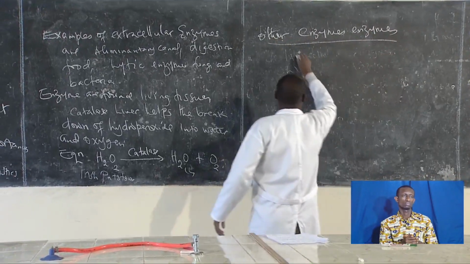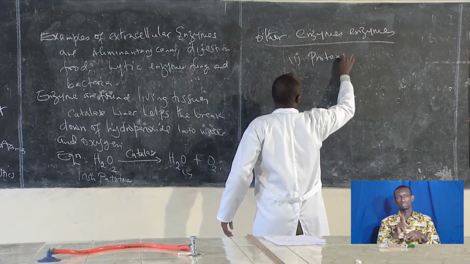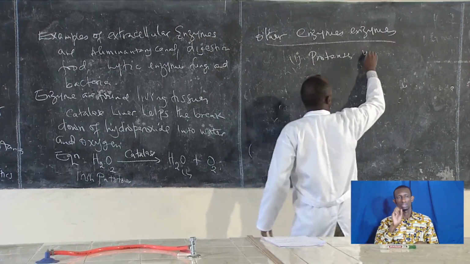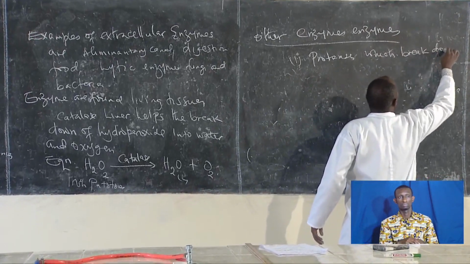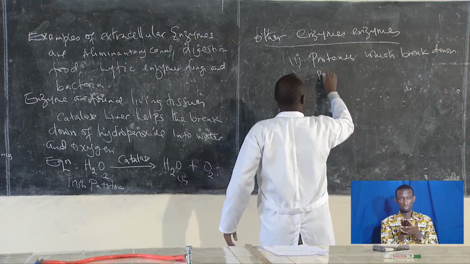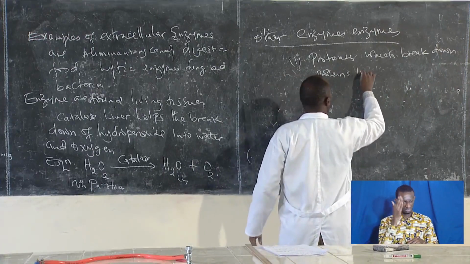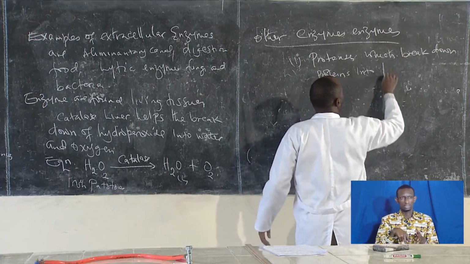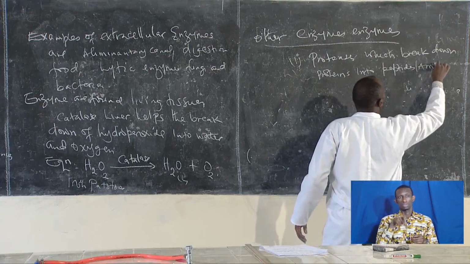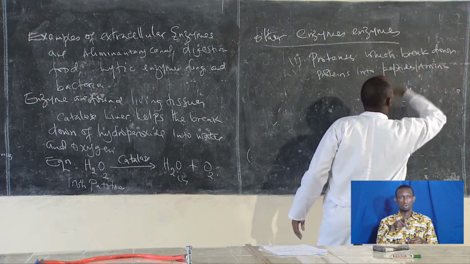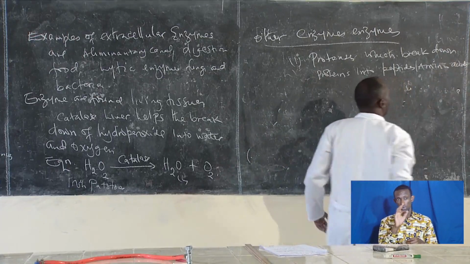We have one which is called protease, the protease enzyme, which breaks down proteins. Students, I know you know what proteins are. It breaks down proteins into peptides to amino acids. I know the product of proteins are amino acids, because the amino acids are the final product of proteins.